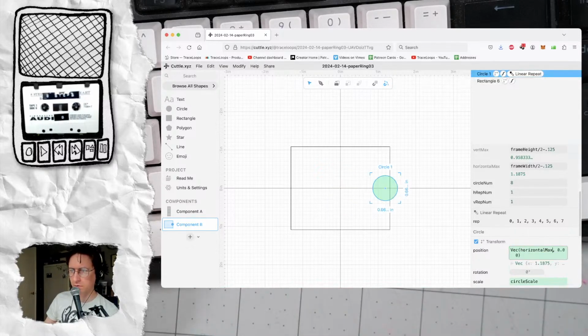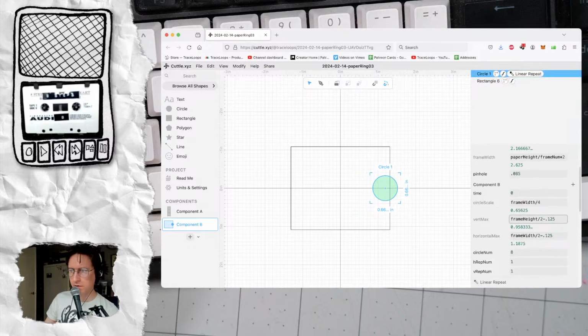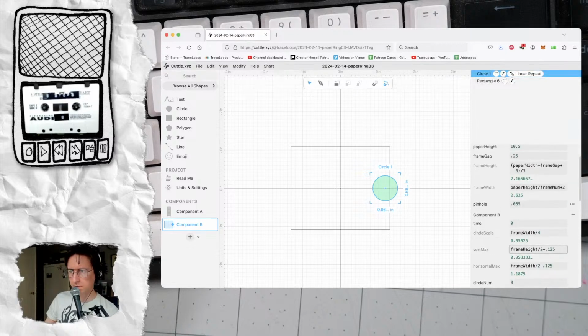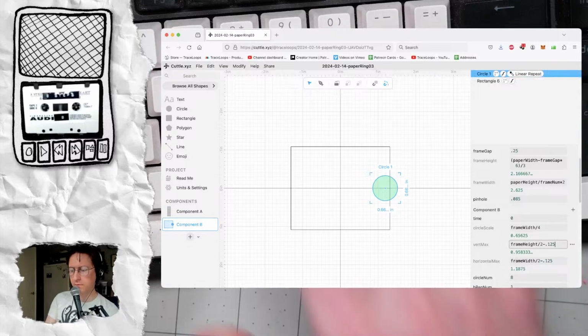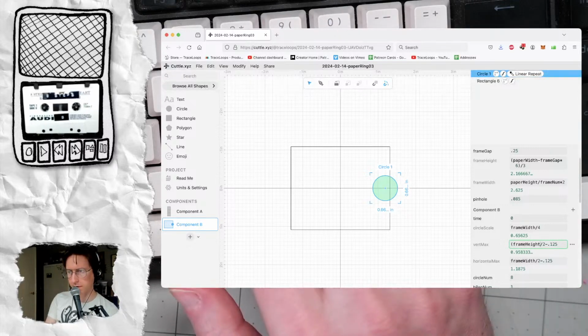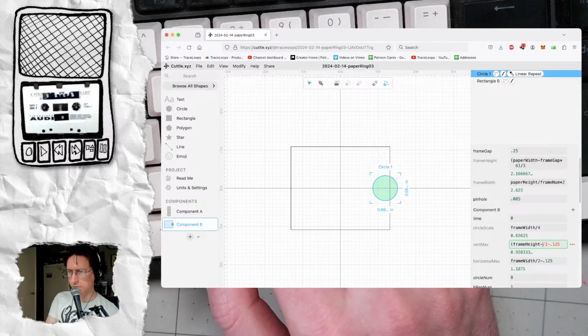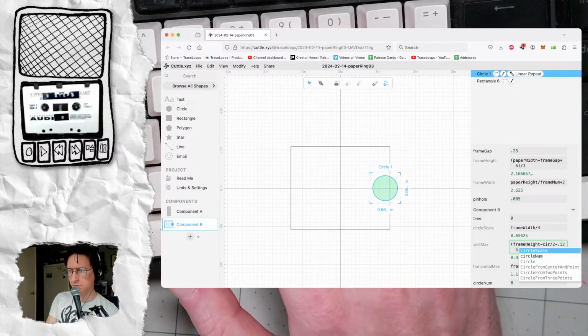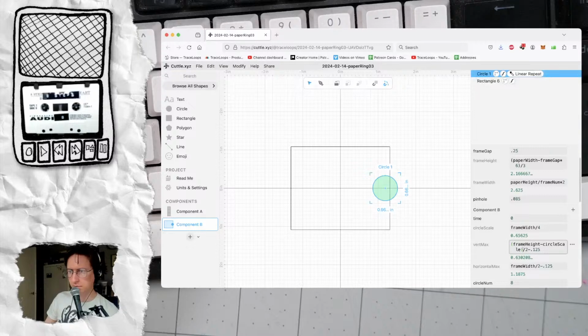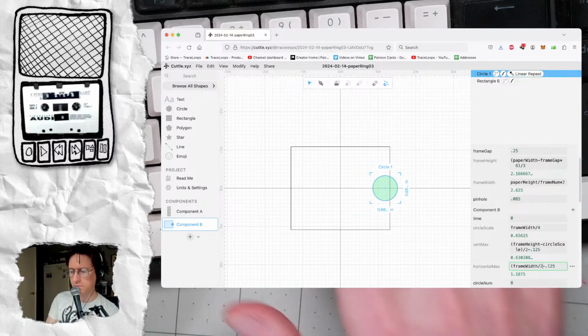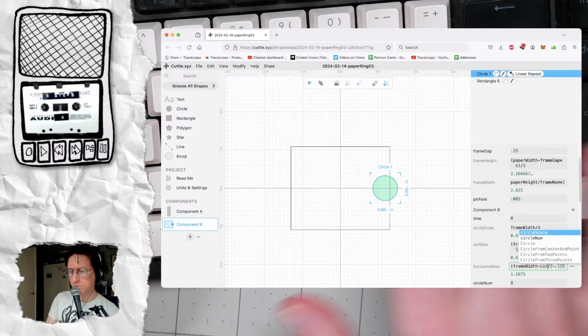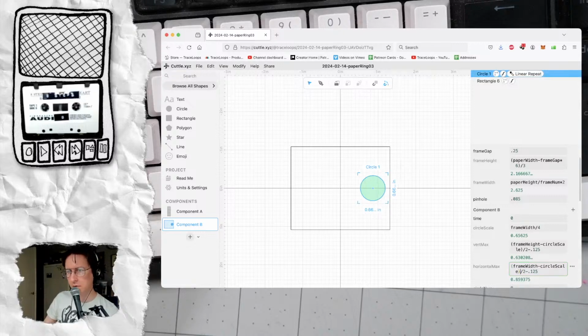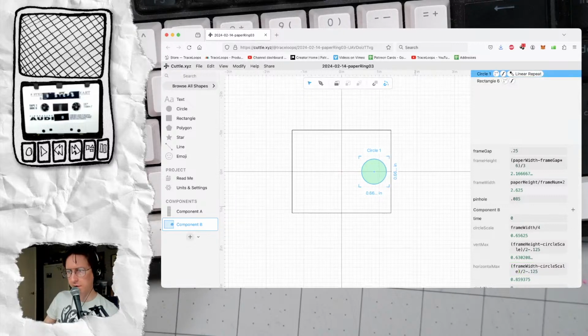I forgot to do something. Frame height minus... That gives me a little bit of leeway.